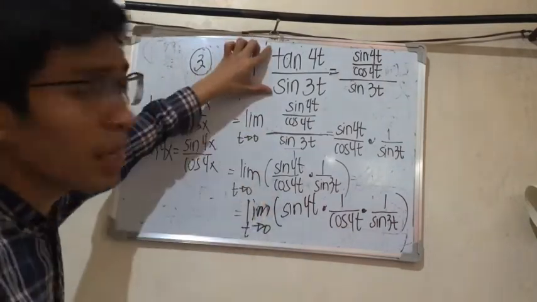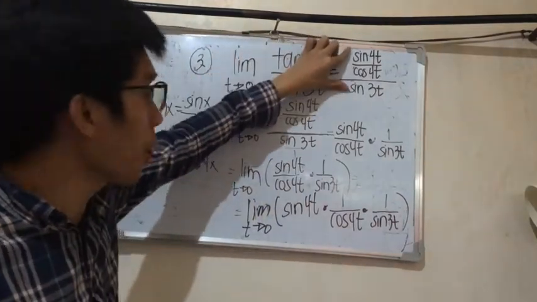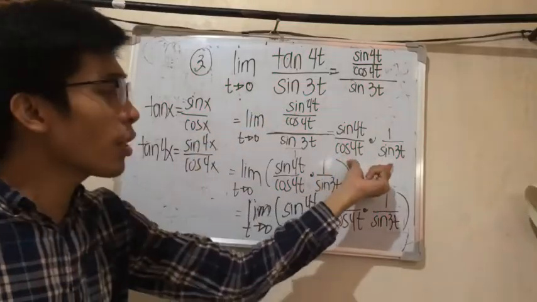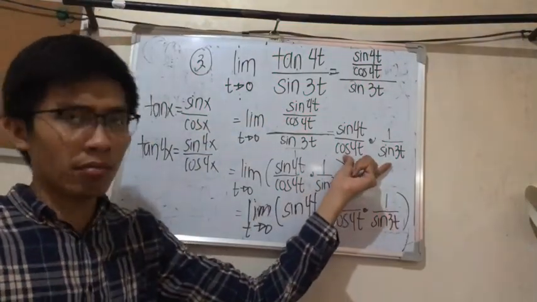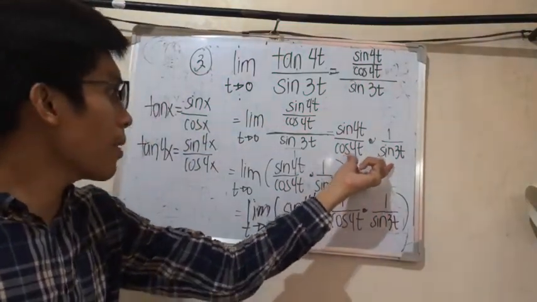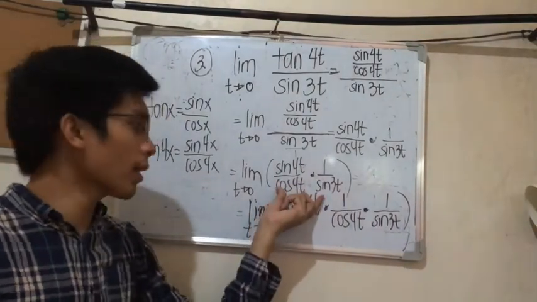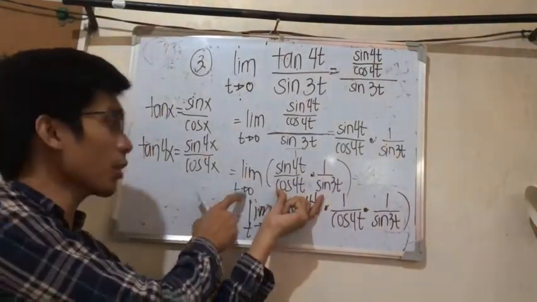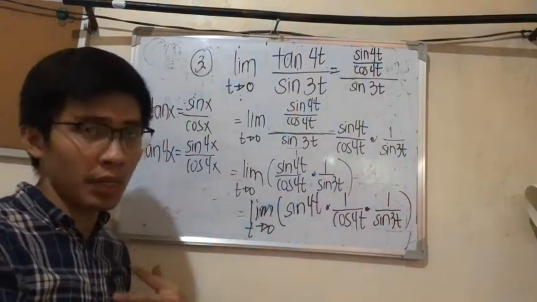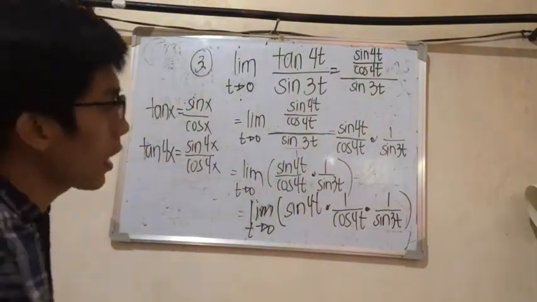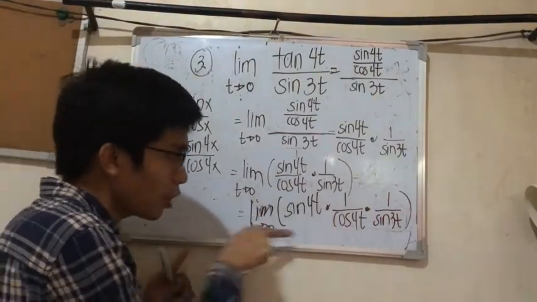Okay, so from here we converted to this form, and from this form we used the double fraction method. And from here we write it as the limit as t approaches 0, and from here we separated everything. Okay? So, we have this new form.